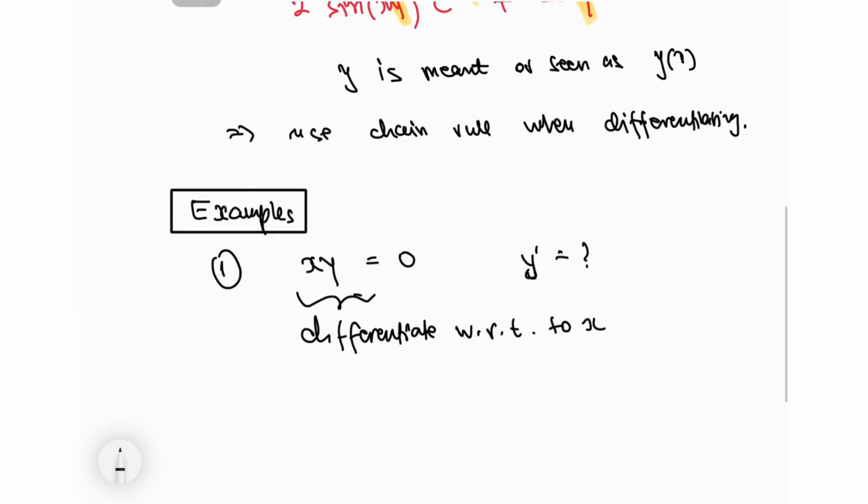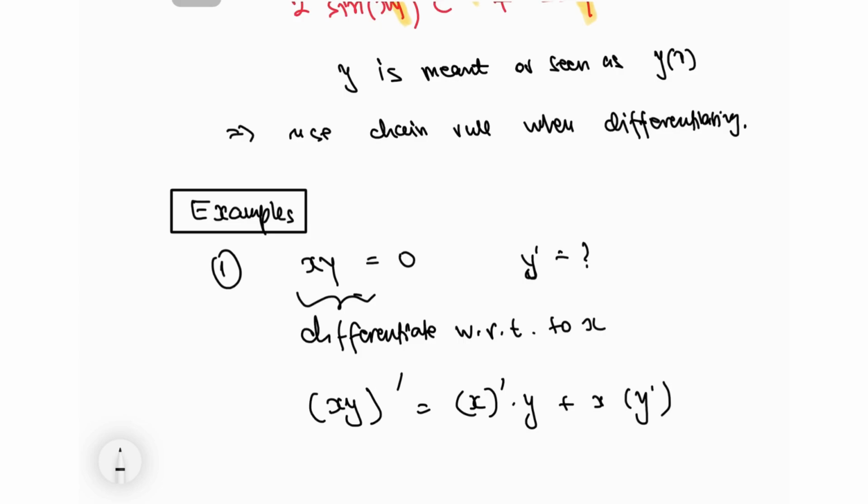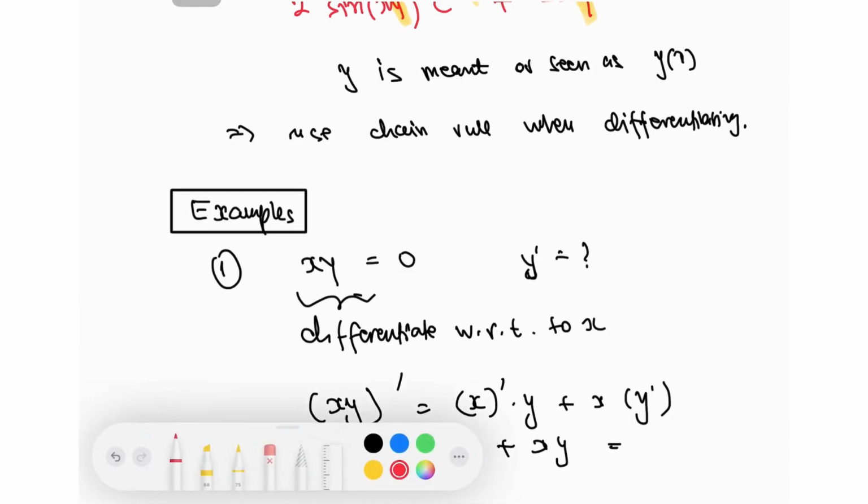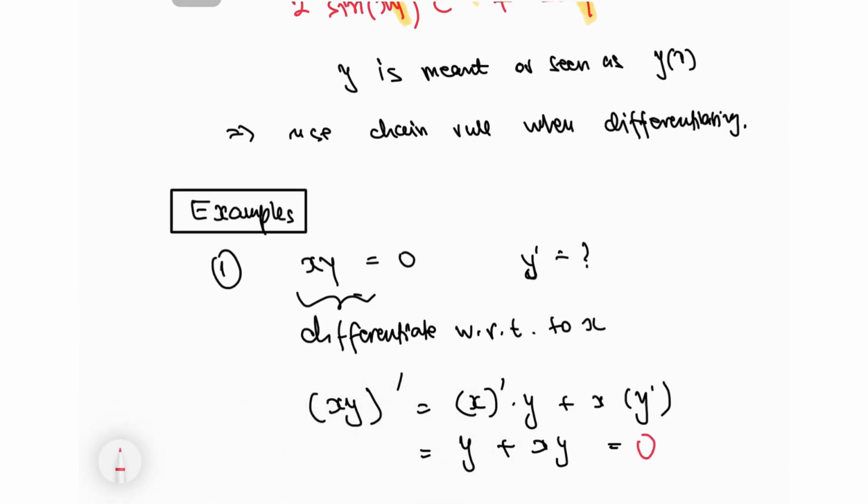Now this is a product, so that means x prime times y plus x y prime. Now x prime is 1, so that is y plus xy prime, and that's all equal to 0, because we differentiate both sides, and 0 differentiated is simply 0.